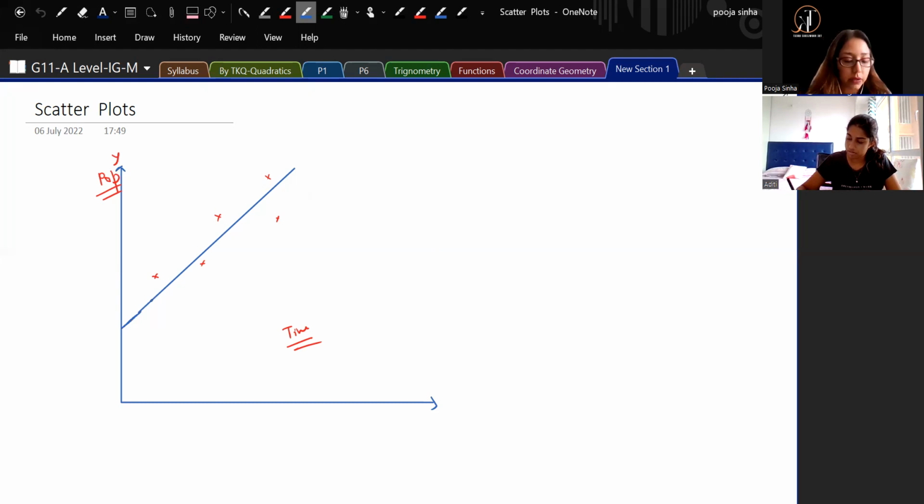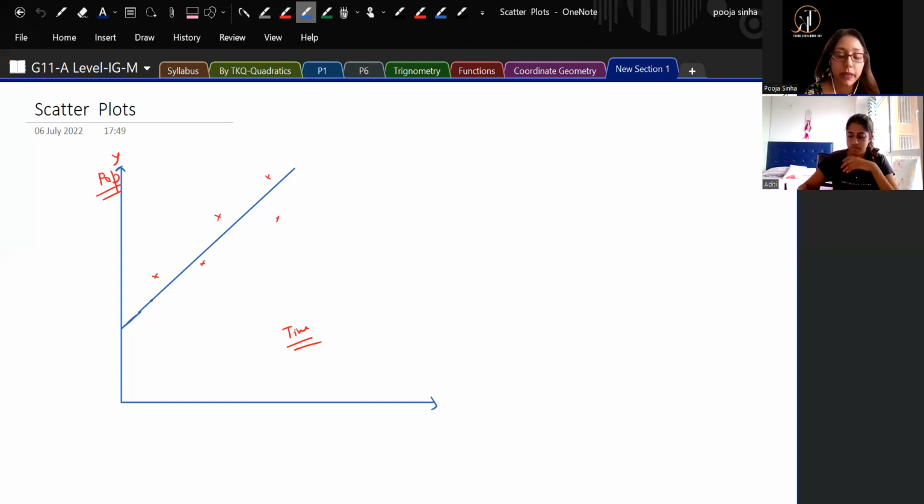Second point, which I just mentioned, do not try to force the line of best fit through the origin. So you have to make sure the line of best fit is kind of an average line. Average means in the middle. Do you understand what an average line is? An average line is a line which is in the middle.